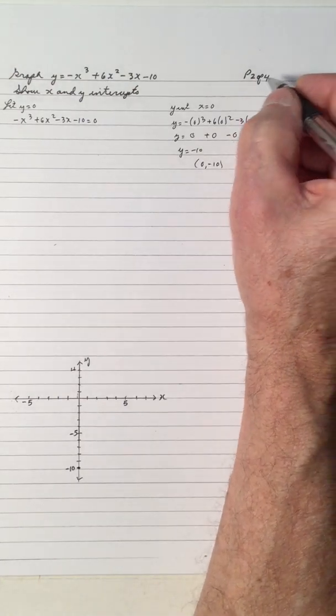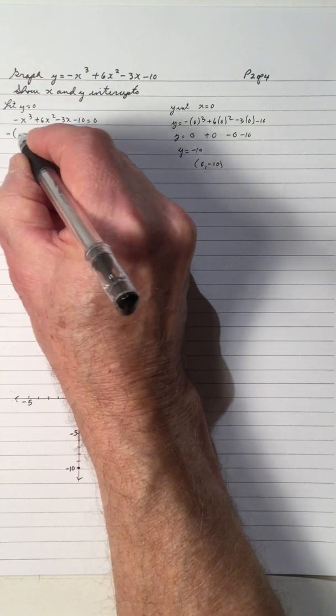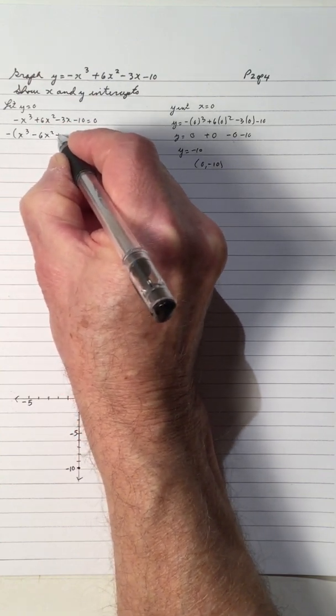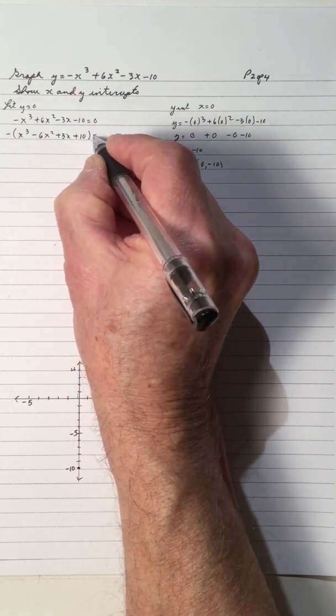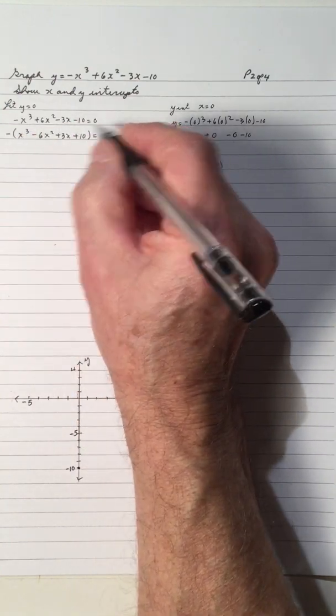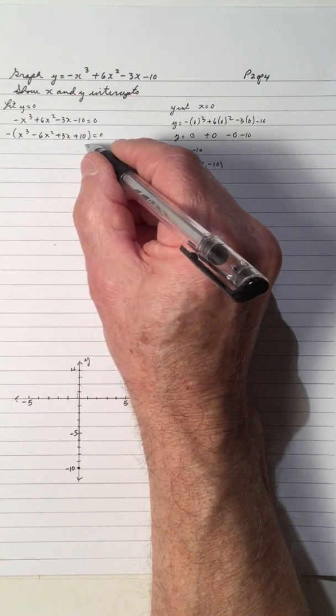As I said, I'm going to write this in factored form. I'm going to take the negative out to have x cubed minus 6x squared plus 3x plus 10. Removing the negative makes the leading term positive. So I'm going to find the roots and then write this in factored form.